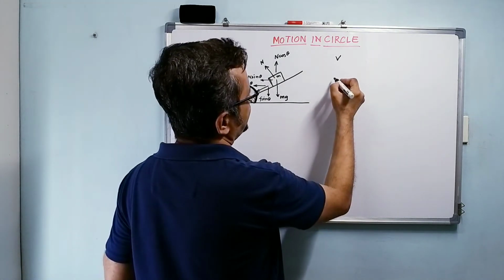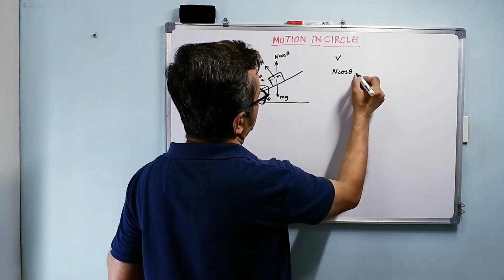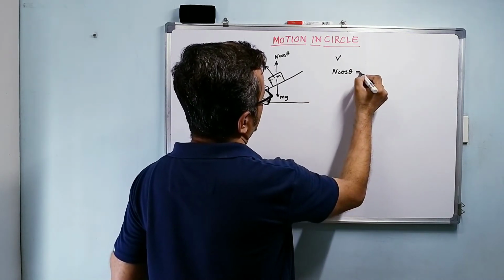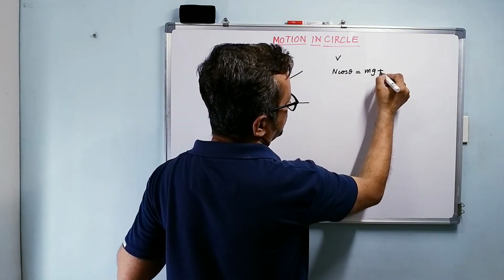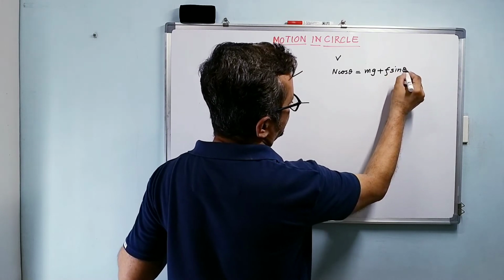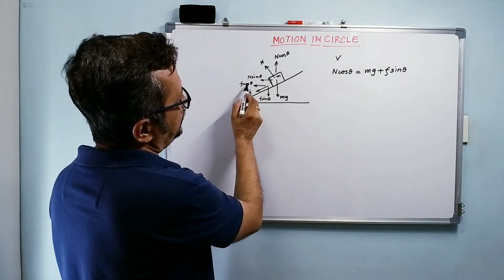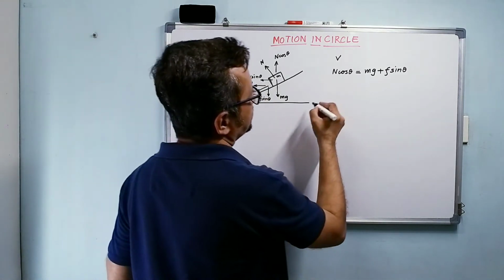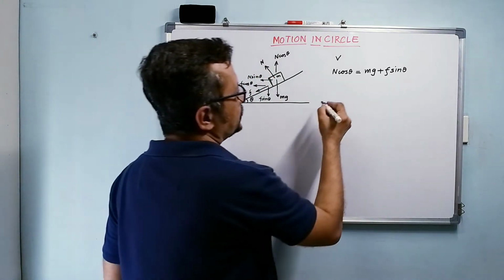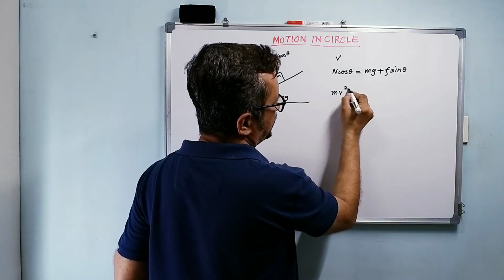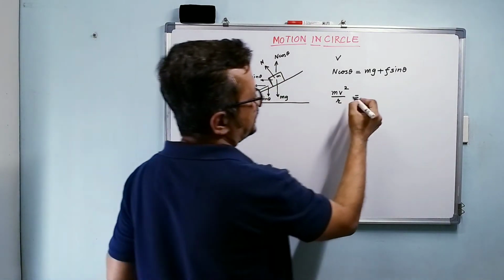So what I can say here is N cos theta is equal to mg plus F sin theta, correct. And what about this? F cos theta plus N sin theta will have to be equal to the centripetal force. So mv square upon r is equal to F cos theta plus N sin theta.